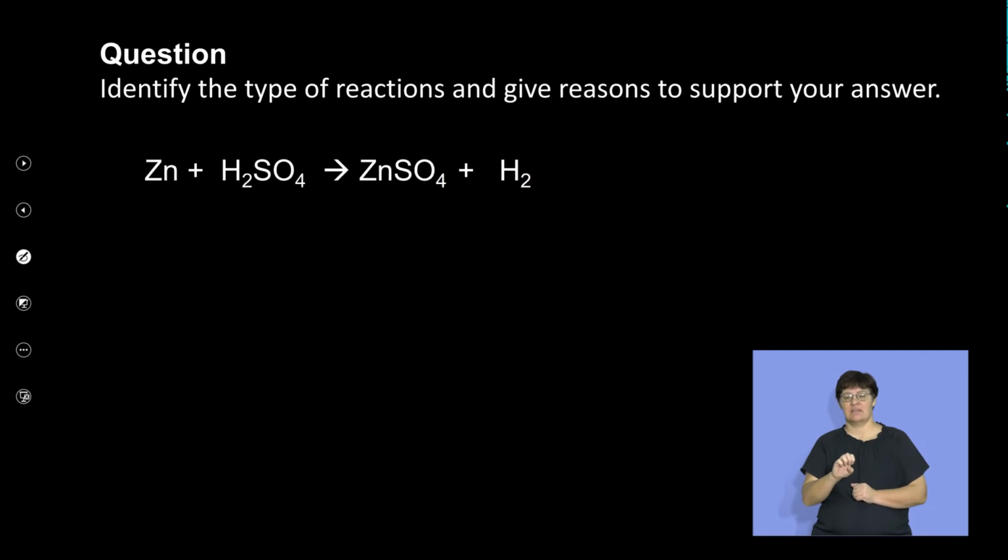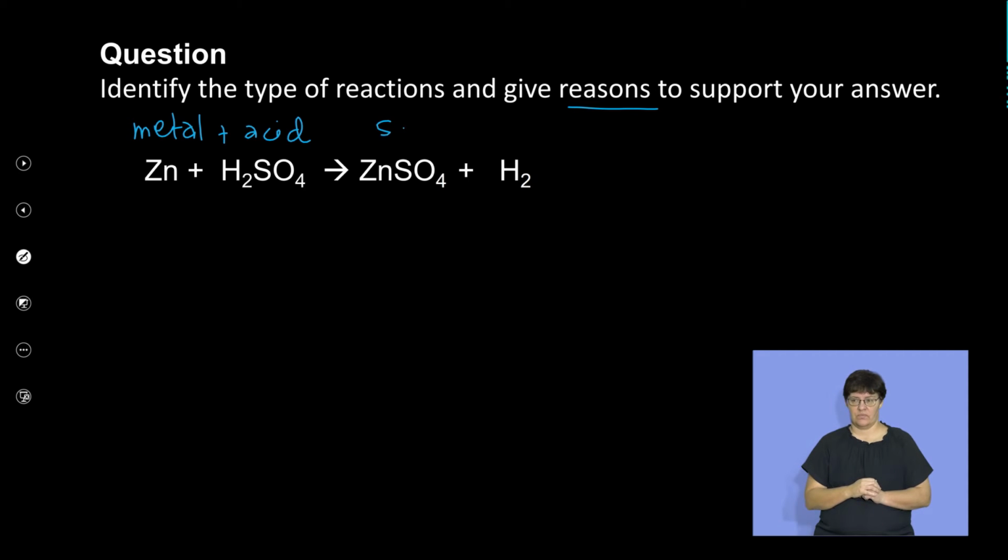Right. Now, we've got another type of reaction, and we also want to think about the reason why we would classify this reaction as a specific type. So this is a reaction between a metal and an acid.